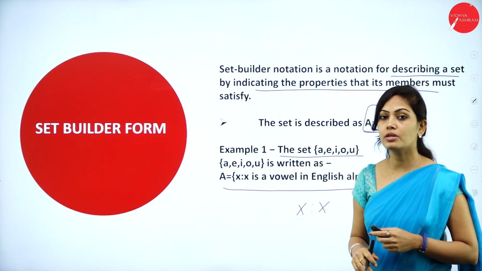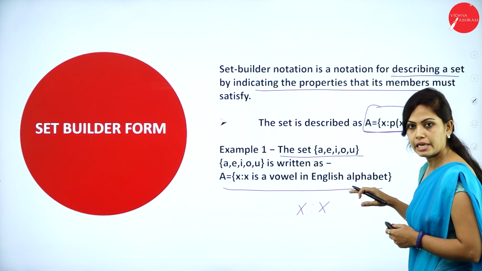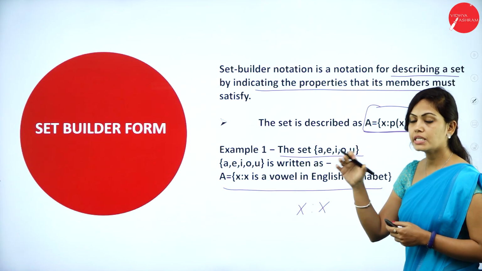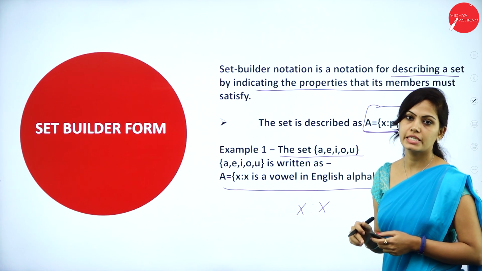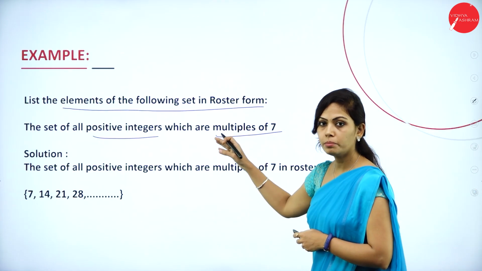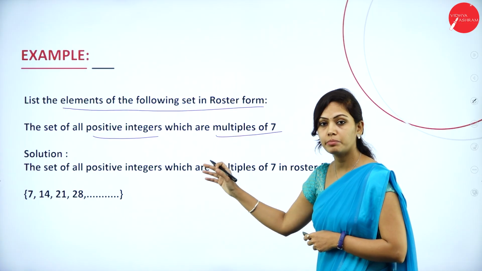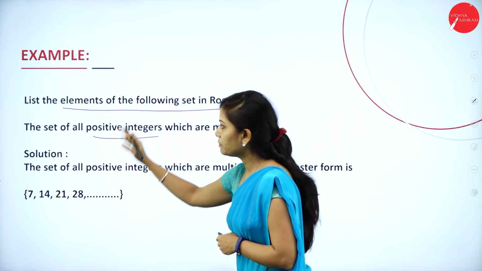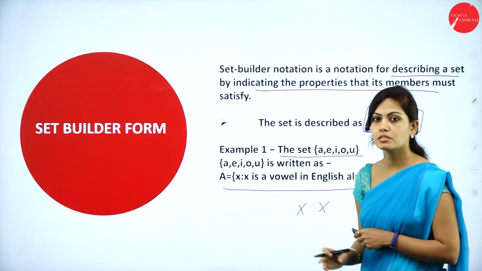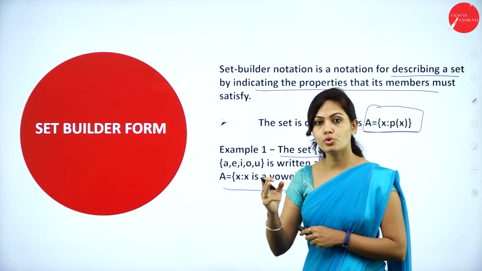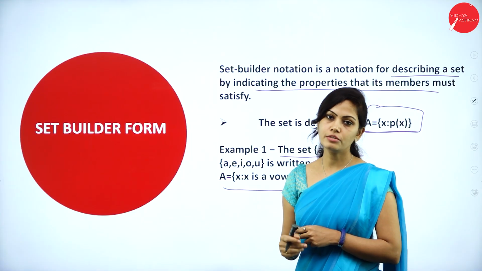It's a very simple concept. In set builder form, we are not listing the elements. Instead we are giving the statements for a given set of elements. In roster form, we are listing the elements instead of writing the statements. So in representation of sets, we have two methods, that is roster form or tabular form, and also set builder form.